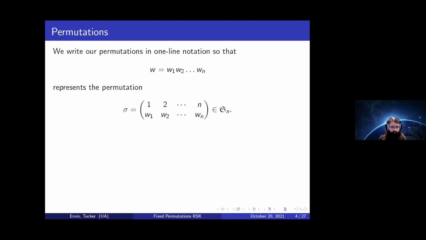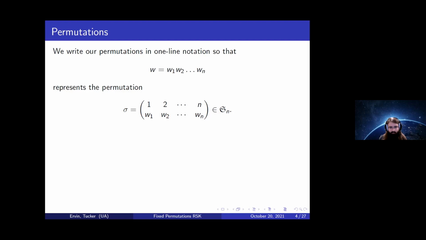So to begin with, we have 2 things that we say about permutations, and those 2 things basically boil down to one thing, and that is the one-line notation. So for a permutation of the integers, we send 1 to w1, 2 to w2, and so on until we get n to wn.